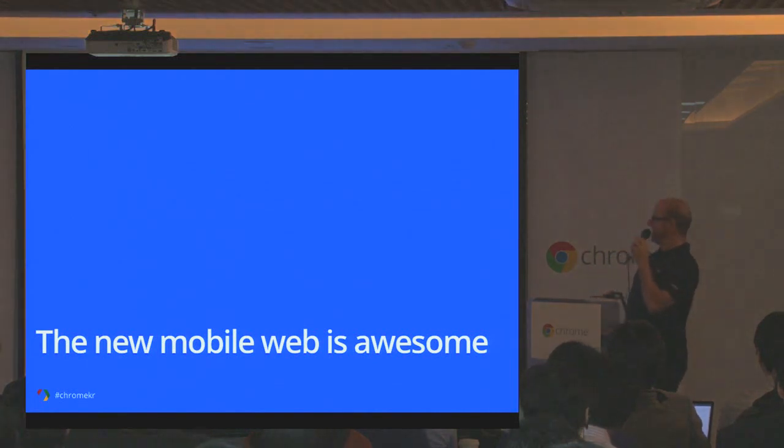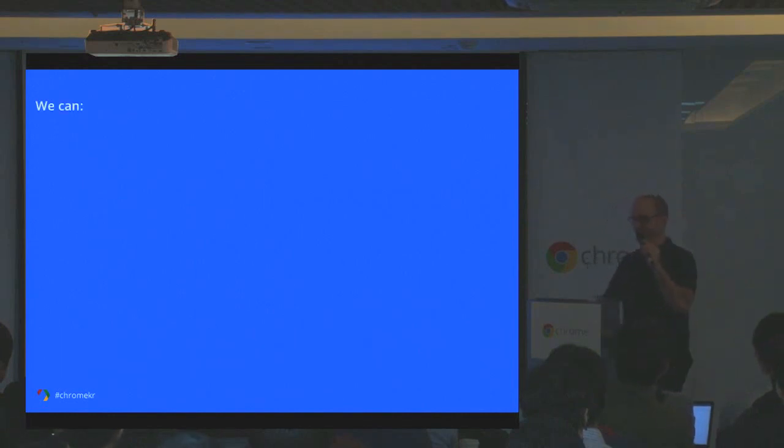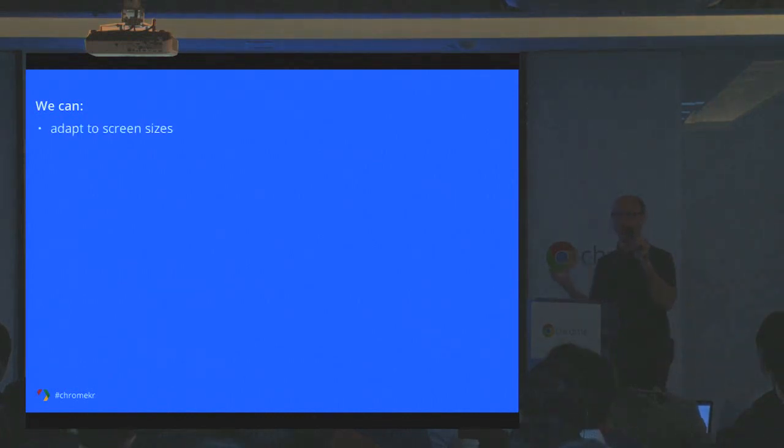So the new mobile web that we've all been developing for is pretty awesome. It's very exciting to be part of this, especially in South Korea, because this is the powerhouse of smartphones. But the thing is, what we can do now on a phone, which we couldn't do before, is we can adapt to screen sizes, right?